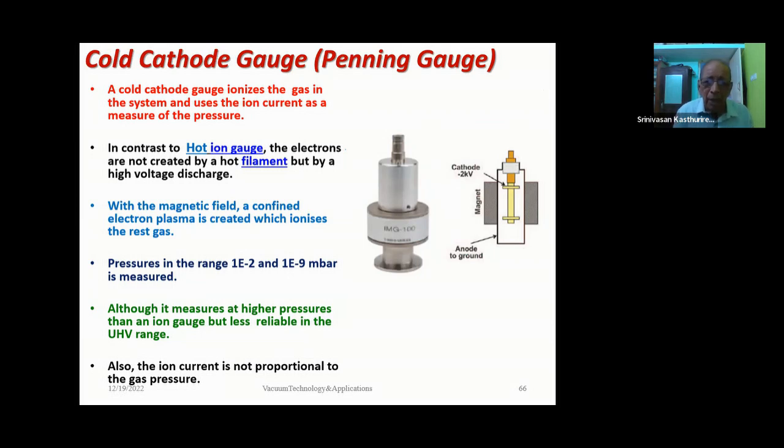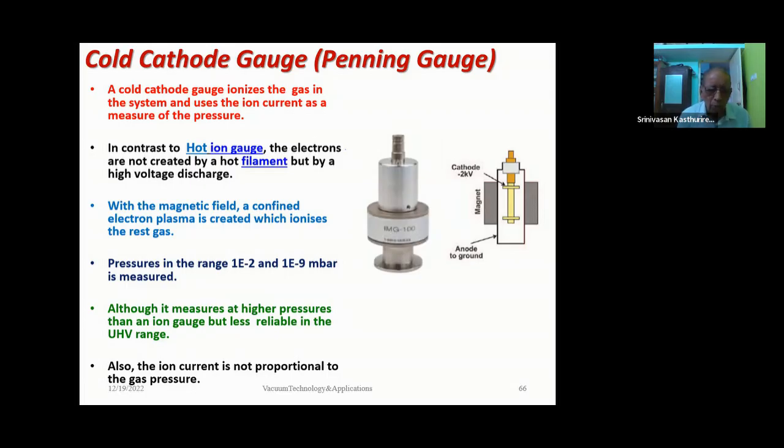In the presence of the magnetic field, the electrons collide with the gas molecules and produce ions. The magnetic field is able to contain these as an electron plasma, and it tries to ionize the rest of the gas molecules. The amount of current that it produces is directly a measure of the pressure of the system.